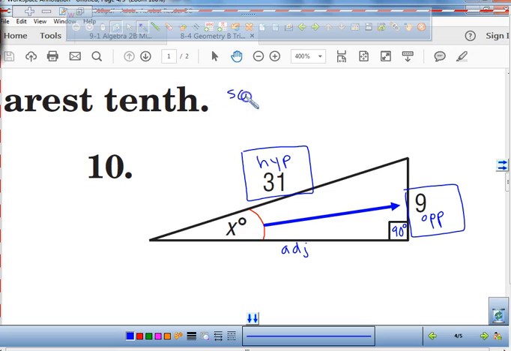So you write your trig ratios down. So, SOH CAH TOA, and you go, which one am I going to use? You're right, because we have our opposite side and we have our hypotenuse, so that's why you choose sine.